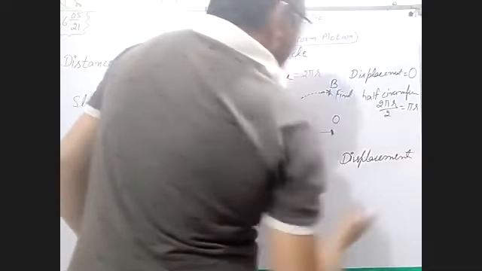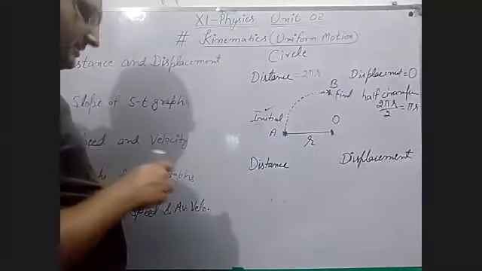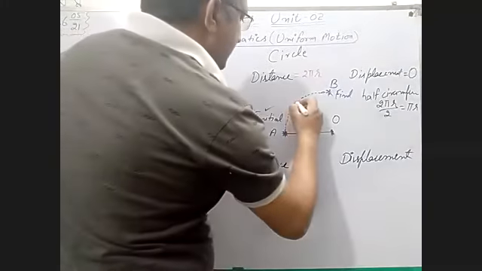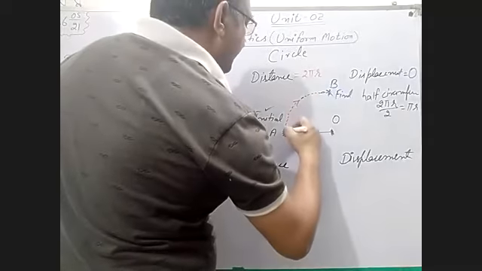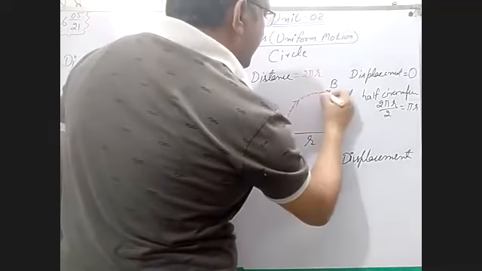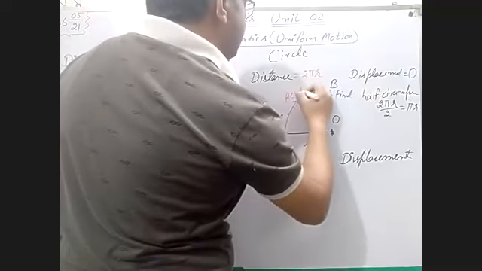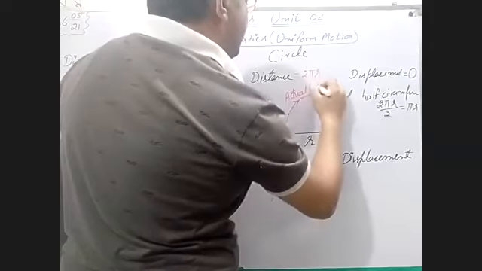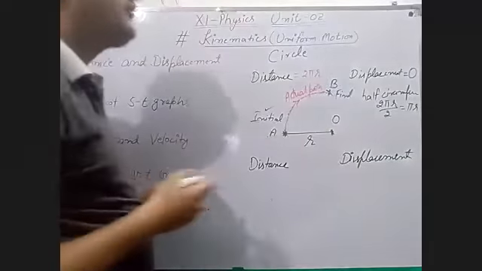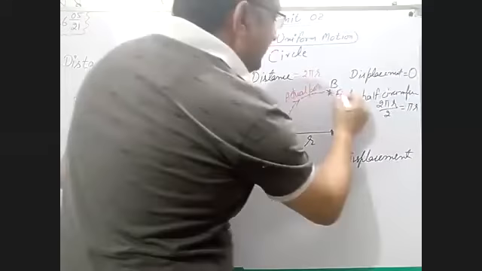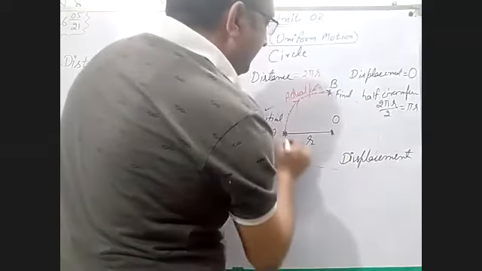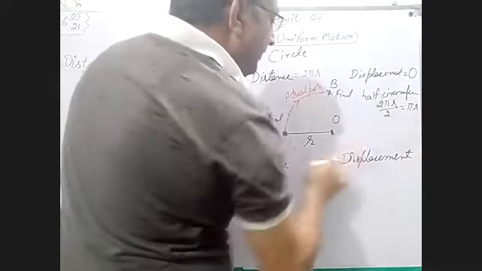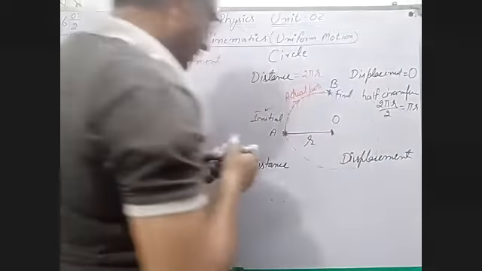We know very well the actual path is called distance and the shortest path between 2 points is displacement. Now this is the actual path. And this is 1/4 of the total circumference. This is only the part, 1/4 of this whole circumference.